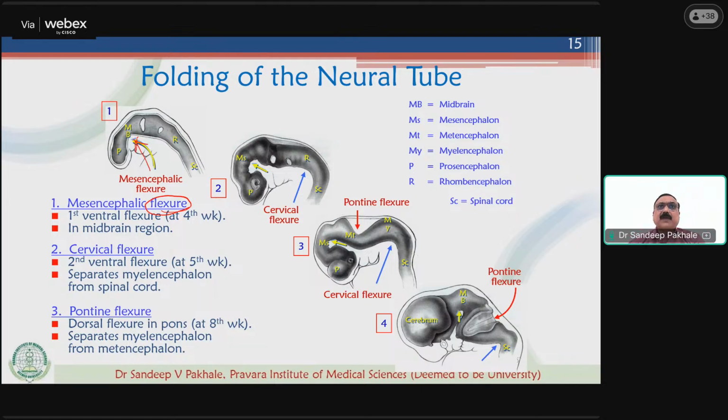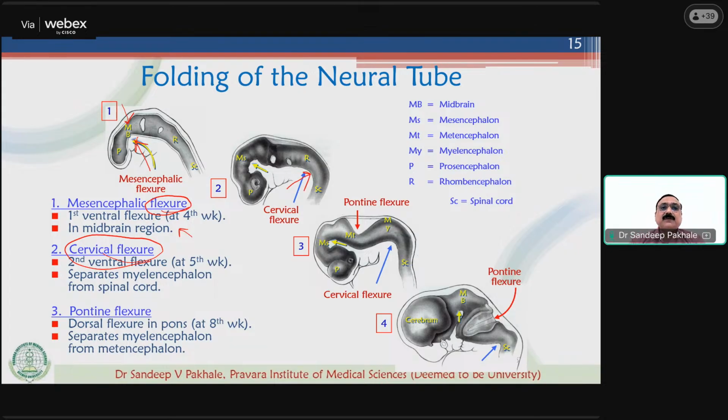The first flexure to appear is the mesencephalic flexure around the fourth week of intrauterine life at the level of the midbrain. It is a ventral flexure, so the concavity is on the ventral side. Next is the cervical flexure. So you can see this is the cervical flexure.